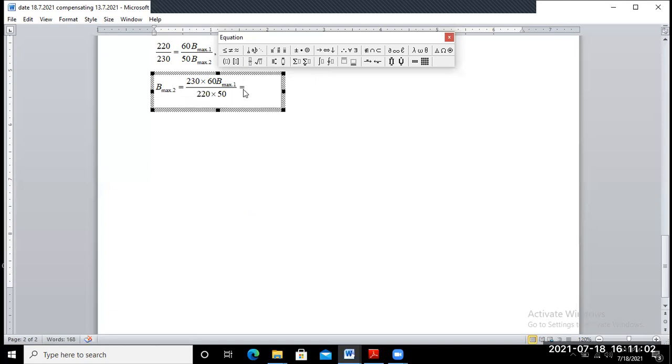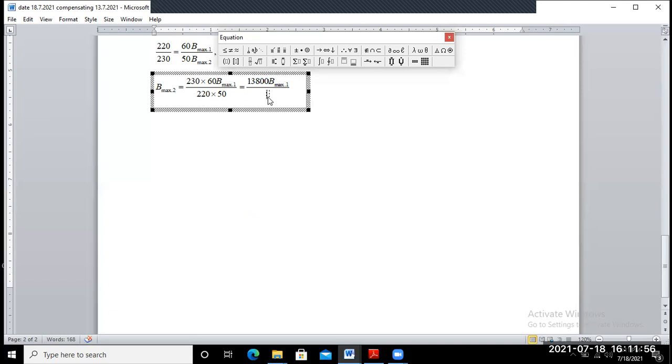It equals 13800. So 13800 into B maximum 1 divided by 220 into 50.